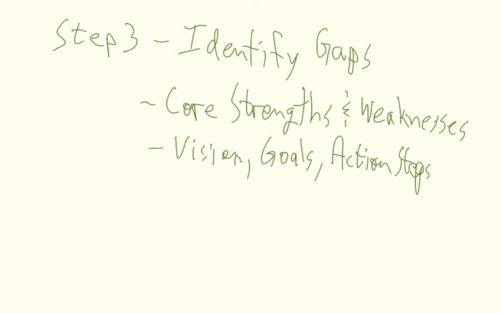You need to do a balance sheet here of what are your core strengths and weaknesses. And then you need to start laying out, okay, here's my ideal, here's my real, here's how other people perceive the way I come off, here's what they're telling me is the way that I come off. What are the norms and practices that are gaps between my real self and my ideal self?